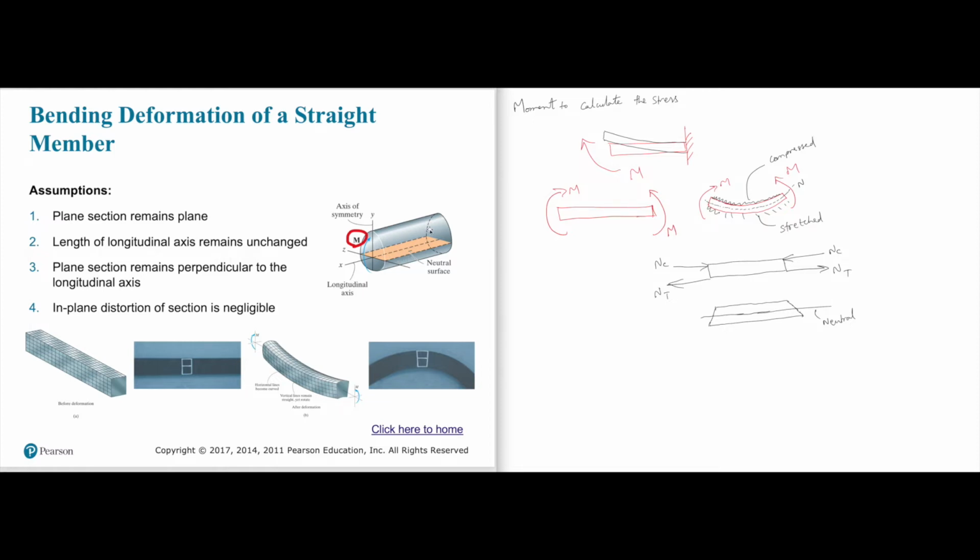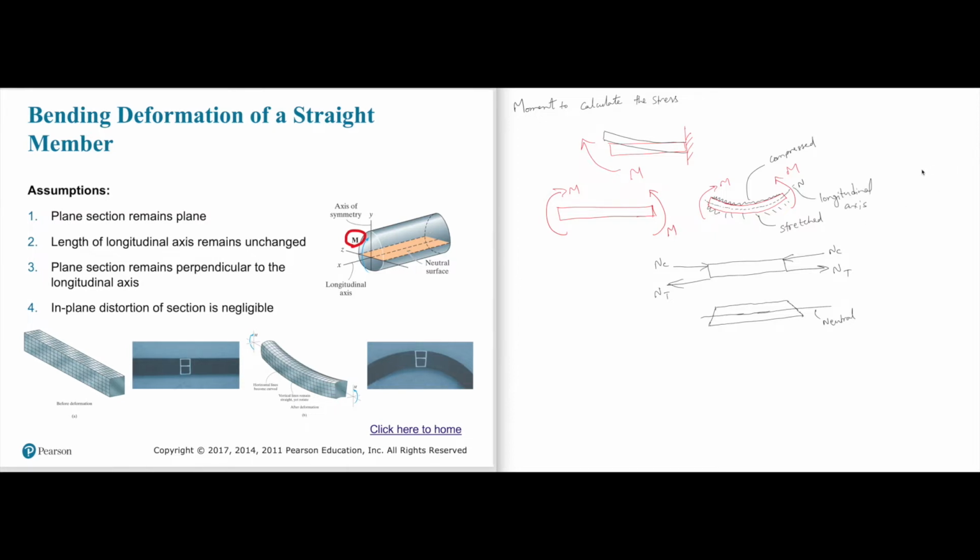So in this case, this is the neutral or longitudinal axis. The planes at every cross section are perpendicular to the longitudinal axis. In-plane distortion of the section is negligible. If there is any distortion in the plane, we will not consider that.